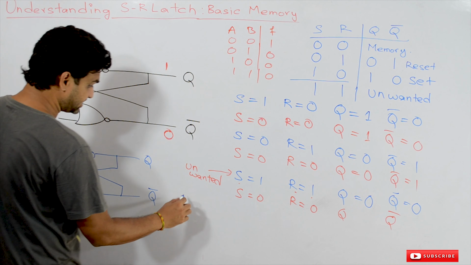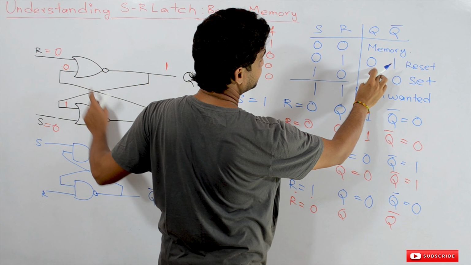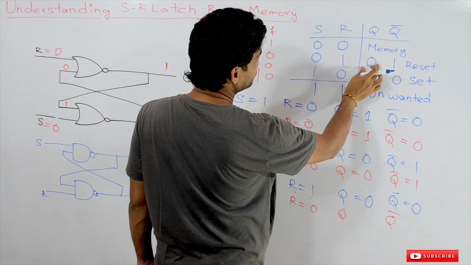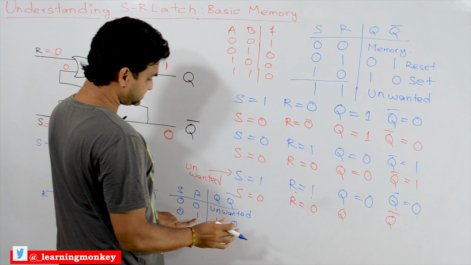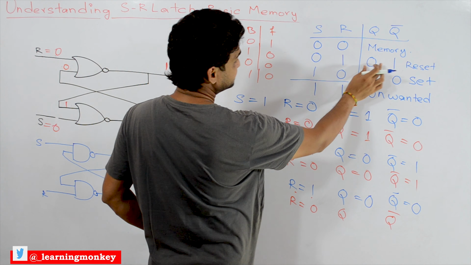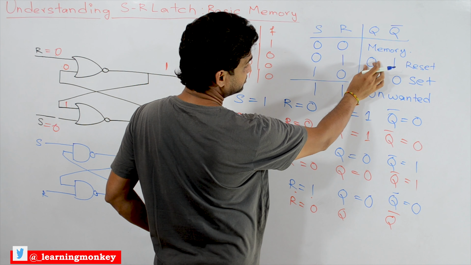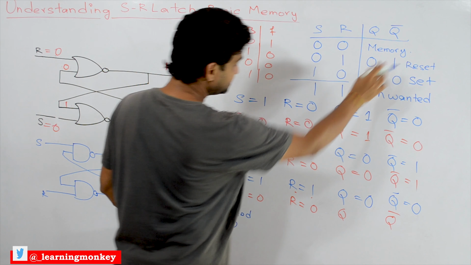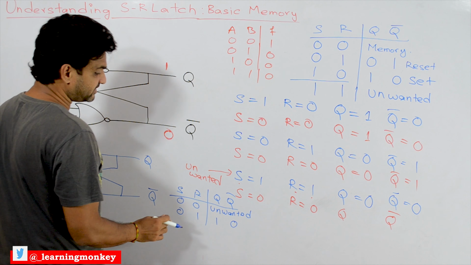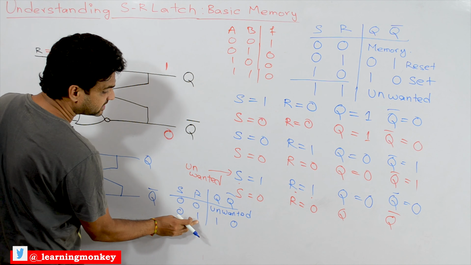So 0 1 is provided in the SR latch by using NOR gates. The reset means the output Q is going to be 0, and the Q complement is going to be 1. Whereas here, whenever we use the reset as 1, the output Q is going to be 1, and the Q bar is going to be 0.